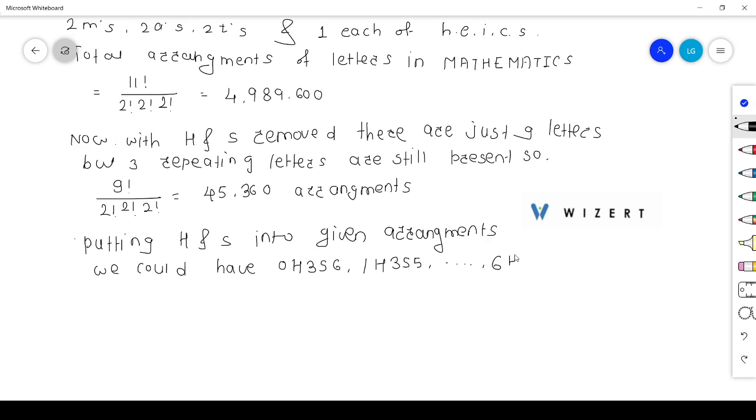Up to 6 letters before H, in between H and S 3 letters, as we have seen in the question, and no letter after S.